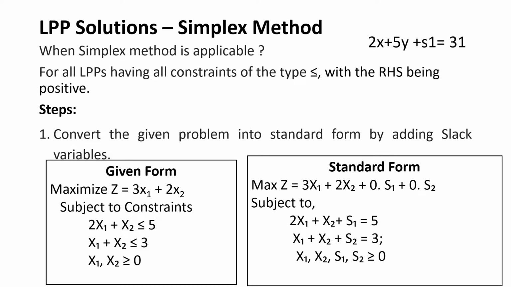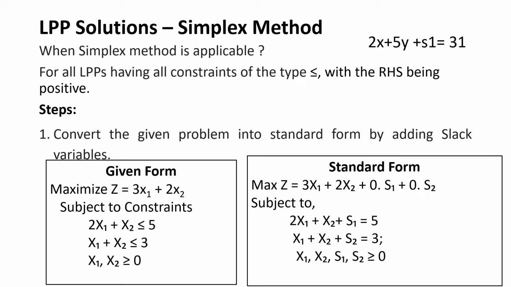In the first constraint, we have added one slack variable S1, and in the second constraint, we have added another slack variable S2. Now the contribution of the slack variables towards the objective function z is always 0, because the slack variables denote the unutilized resources. Those unutilized resources will never fetch us any profit, and hence their contribution to the objective function is 0. So we have converted the given form into the standard form.